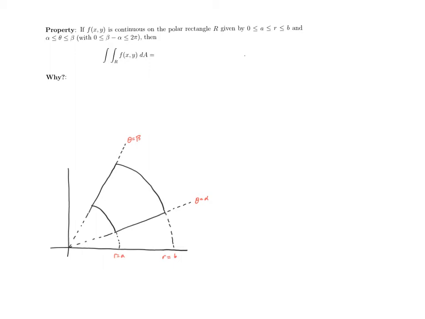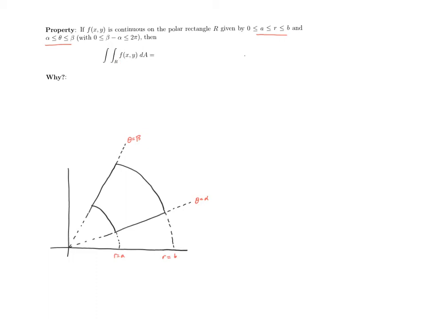So if we have a polar rectangle, which is given by having r values between a and b, where they are positive, and theta values between alpha and beta, with the stipulation that that range of theta values is not exceeding 2 pi.